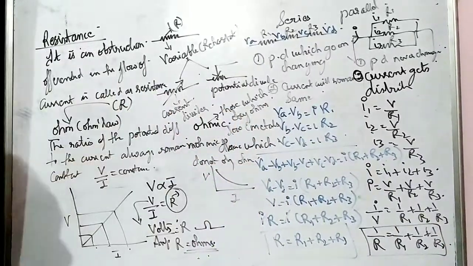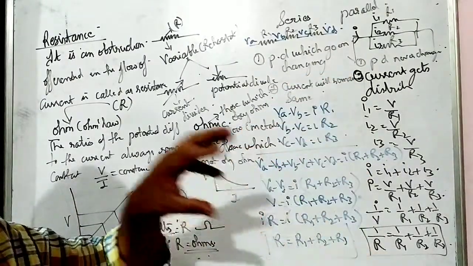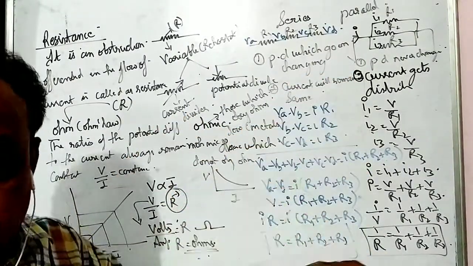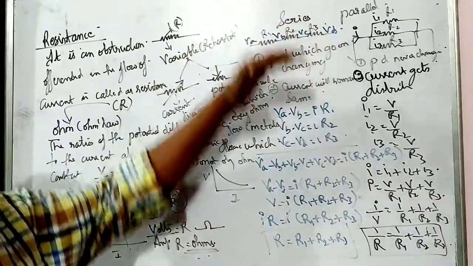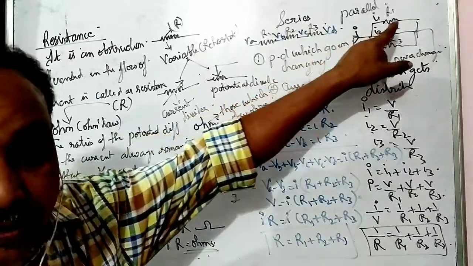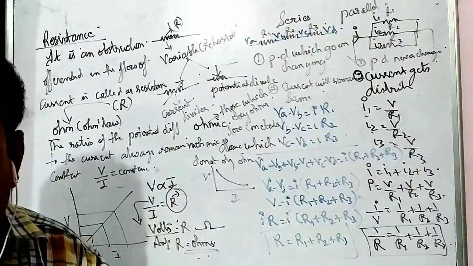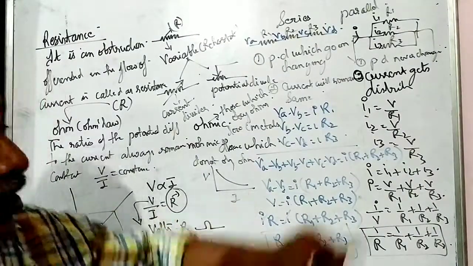In parallel, the total resistance is given by the sum of the reciprocals. It means the total resistance will decrease if the resistances are connected in parallel. But the only advantage is that the potential difference across each resistance will never change. It will always remain the same in all places.